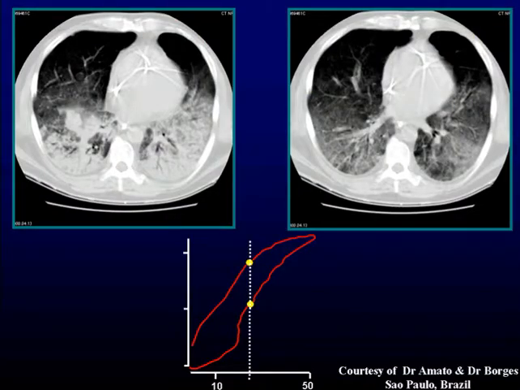This is more graphically shown on beautiful CT scans that were kindly provided by Dr. Amato and Dr. Borges from São Paulo, Brazil. Here we're showing a complete pressure-volume curve, the inflation part and the deflation part, and I chose the same pressure point on the inflation limb and on the deflation limb.